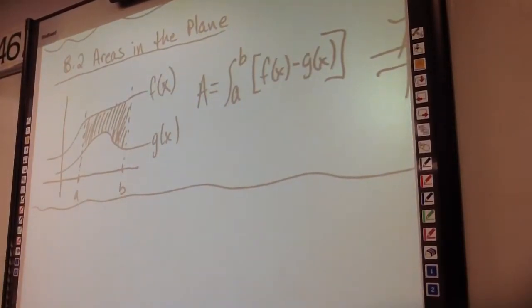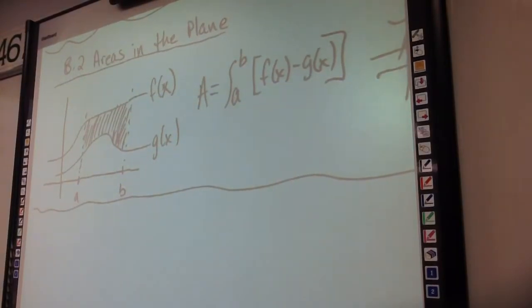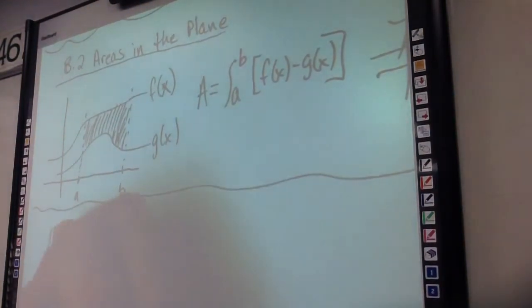Actually, I just learned it myself. I was like, oh, that was kind of cool. I didn't know I could do that. Just kind of discovered it. But the first two, no calculator. Example 1.